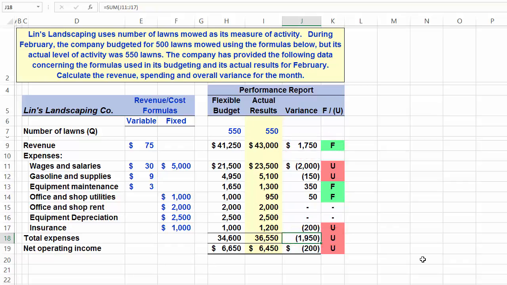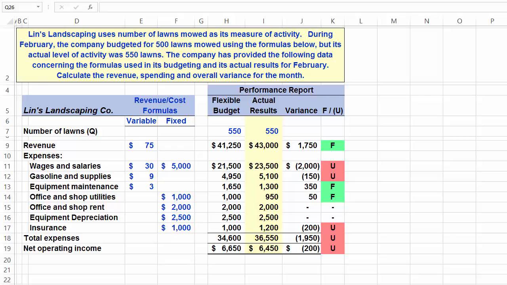So our spending variance is unfavorable and higher than our revenue variance, and therefore our overall variance is unfavorable. I hope that makes sense. Please spend a little bit of time looking at these numbers and doing your own calculations to make sure you understand where I'm getting the data.